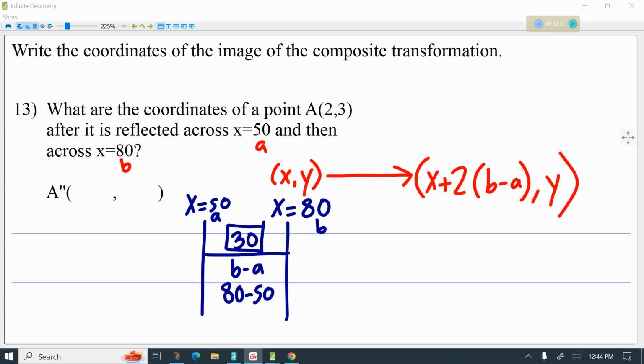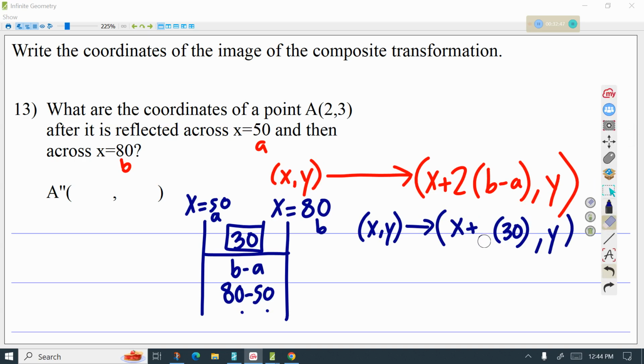What this is telling me is that to reflect across these two mirrors, I take my xy point and do x plus 2 times 30, because b minus a, 80 minus 50, is 30. What's 2 times 30? That's just 60, so I have to do x plus 60. I double the length of the mirror, but you can do that in your head.